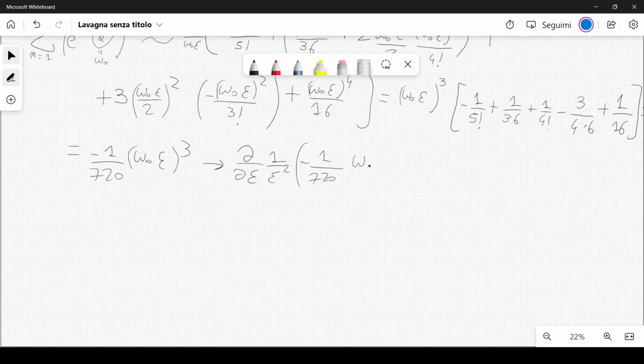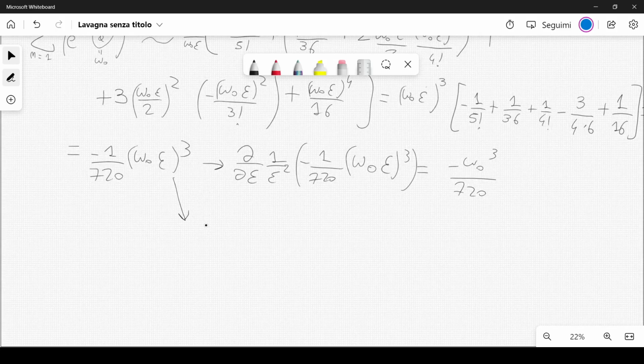And then this multiplies omega 0 epsilon cubed. And this is going to give you minus omega 0 cubed divided by 720. Very simple, right? Because you get omega 0 cubed divided by omega 0 squared, which is just epsilon. So when you take the derivative, you're just going to get 1. So you get omega 0 minus omega 0 cubed divided by this constant, 720.